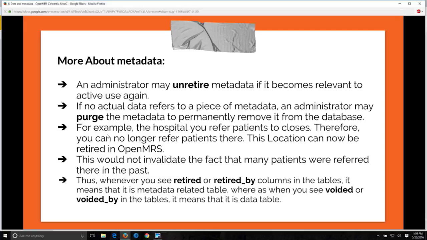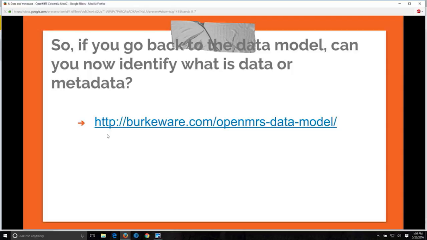Whenever you see retired or retired by in any of the data model tables, it means that these are about metadata. Whenever you see the columns voided or voided by in the tables, it means that it is a data table. So that's how you can distinguish whether it's a table about data or metadata.